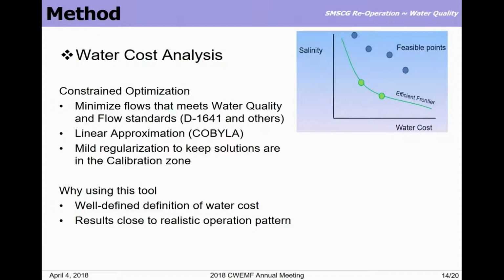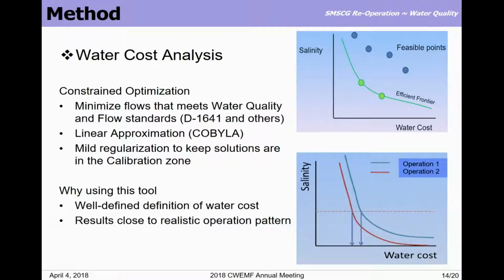This is a well-defined problem: we want to achieve this standard, but not overshoot it. And from the results given before, we can see this tool gives us a result very close to the realistic operation pattern.